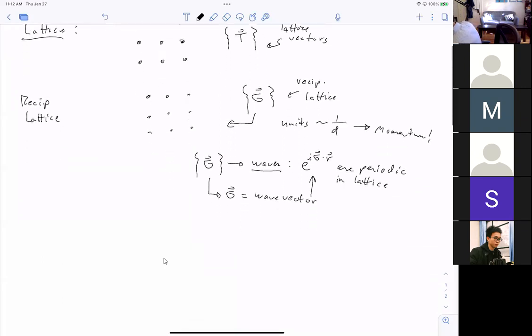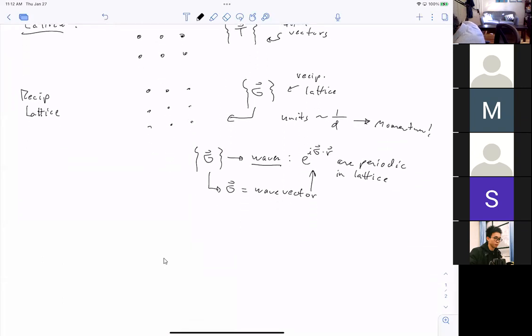And so a nice way to visualize it all in your head, the way I like to think of it, is you draw the real lattice, and then you can think of the reciprocal lattice as a set of arrows. And those arrows represent the G vectors, the wave vectors for all the waves that are periodic in the lattice.